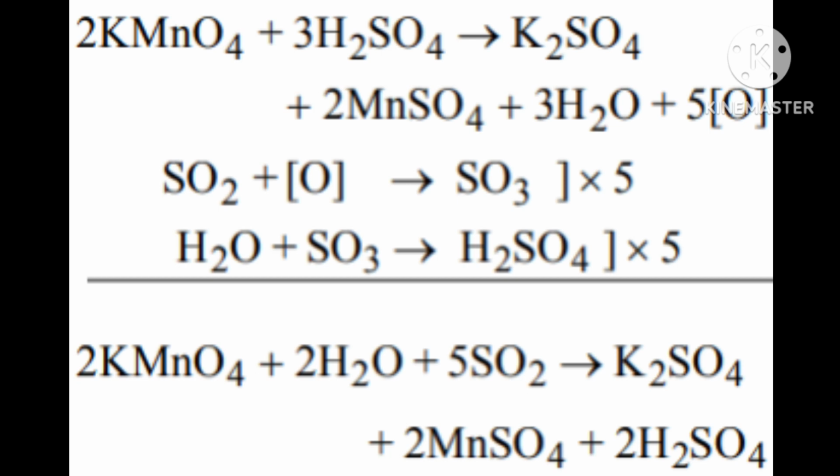It gives Mn2 plus plus 4H2O plus 5Fe3 plus. Ferrous is converted to ferric, Fe2 plus became Fe3 plus, which means loss of electron.